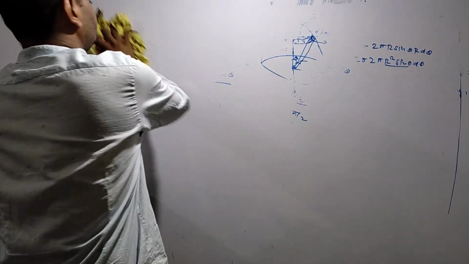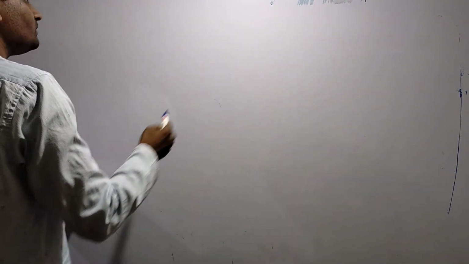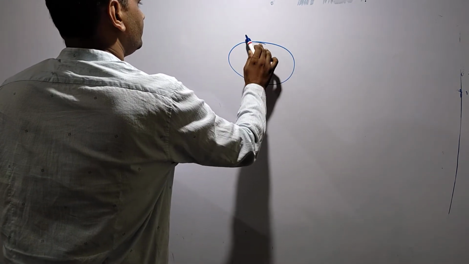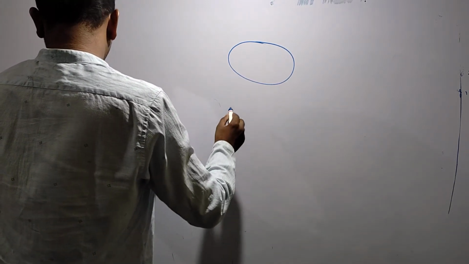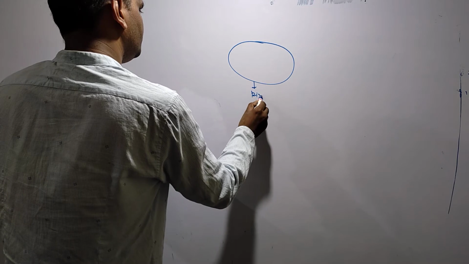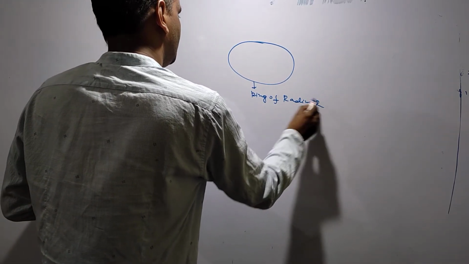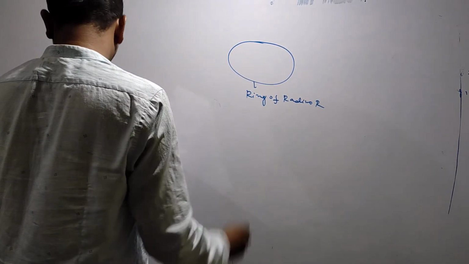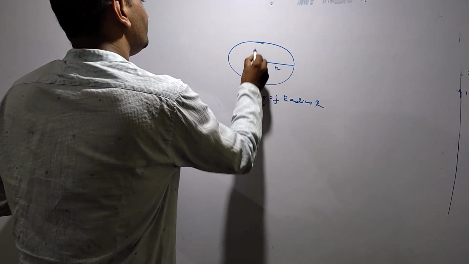Okay, so another question. Now we have a ring. Look at this. This is a ring of radius r, and this is radius r, and this is a very long wire.